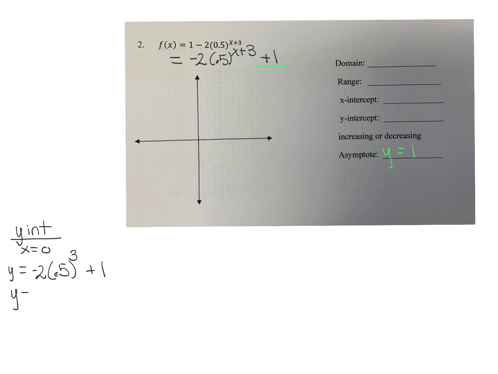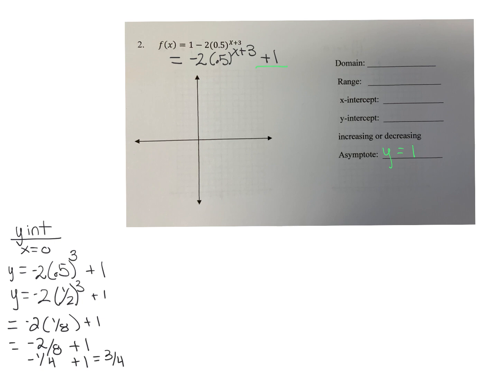So this is going to get you negative 2 times 1/2 cubed plus 1 equals negative 2 times 1/8 plus 1 equals negative 2 over 8, plus 1. This is negative 1/4. Negative 1/4 plus 1 is 3/4, or 0.75, so my y-intercept is 0, 0.75.